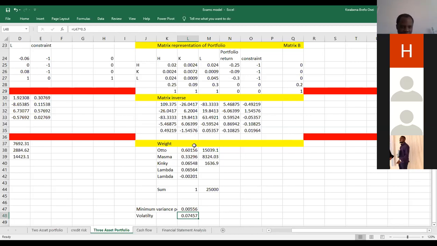This one is after getting the weight. We were given 25,000, and I wanted to know the amount invested in Auto, so I multiplied by the 25,000. Out of this I was investing 15,000, 8,000 here, 16,006 here. When I sum up, I have my 25,000 again.